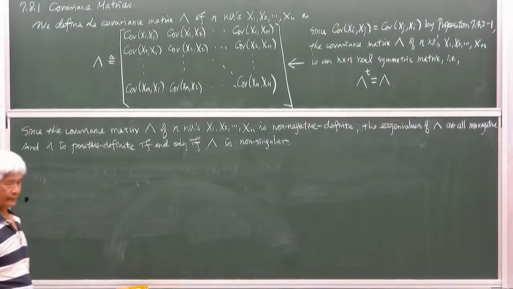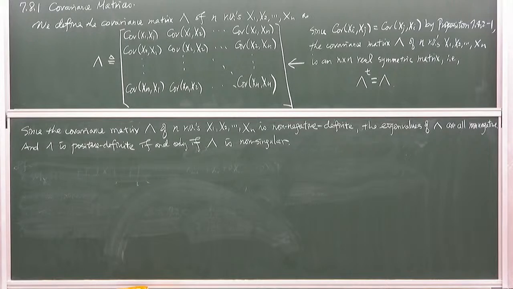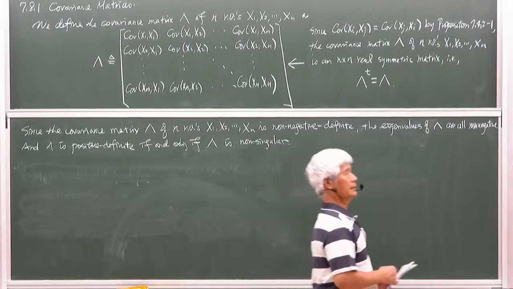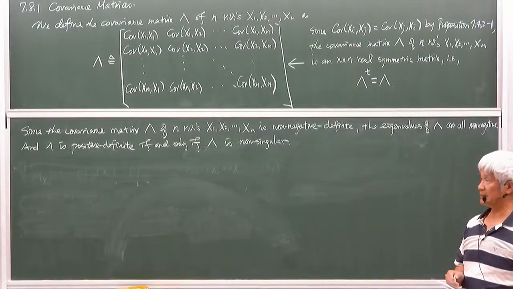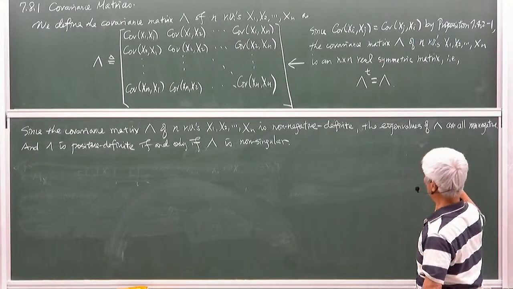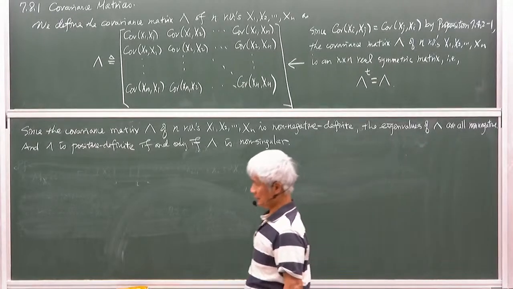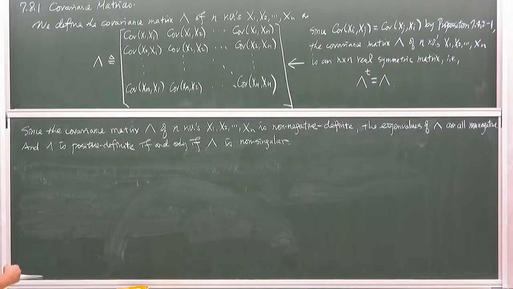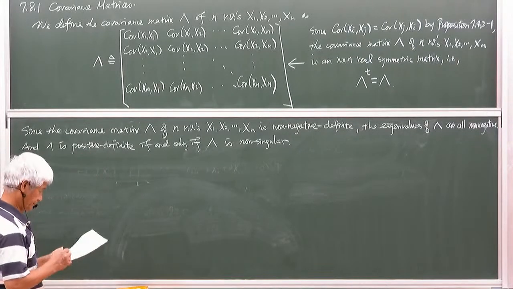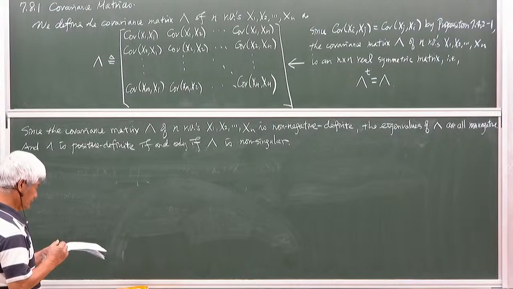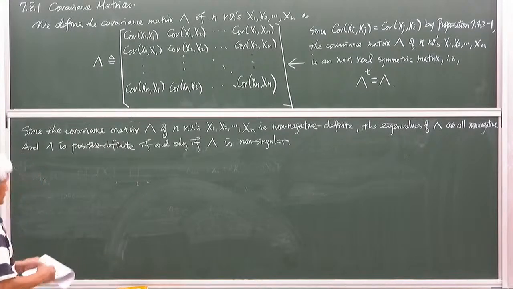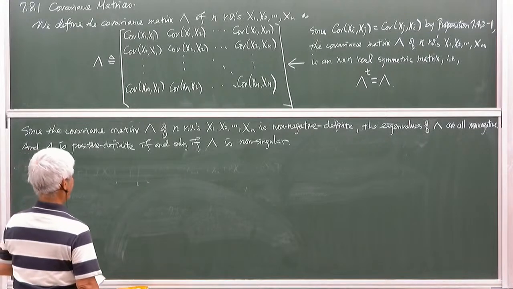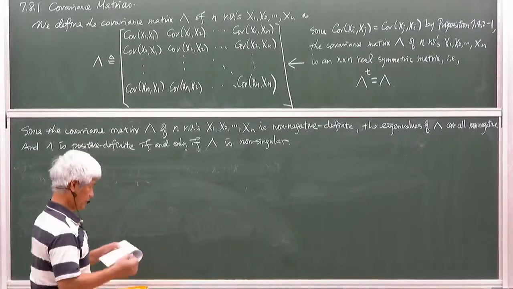Okay, it's non-singular. So if the covariance matrix is invertible, then it cannot have zero eigenvalue, and so all the eigenvalues of lambda must be positive, and so lambda should be positive definite. Well, so if lambda is non-singular, that is very good.